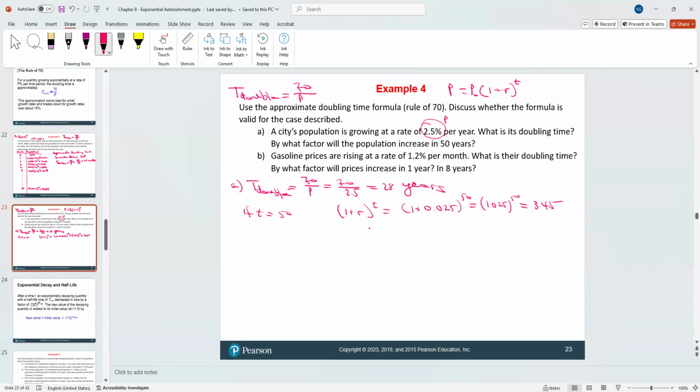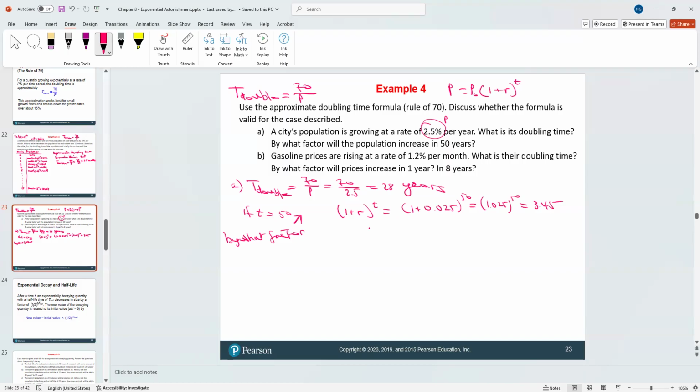So this is the approximate doubling time formula. The question is by what factor? Now, you see by what factor, that's what I showed you here.